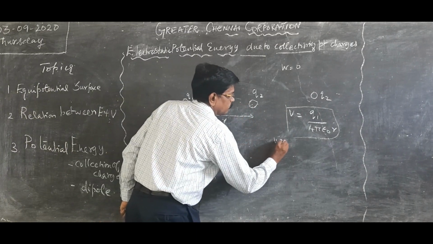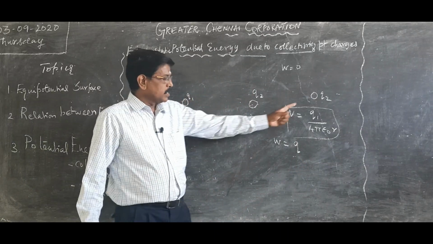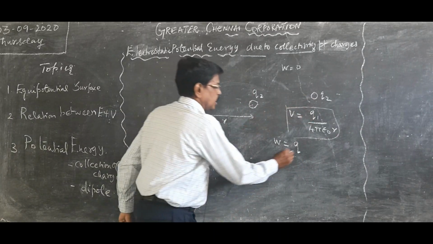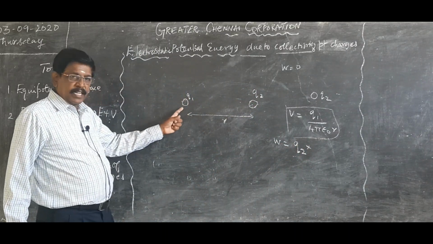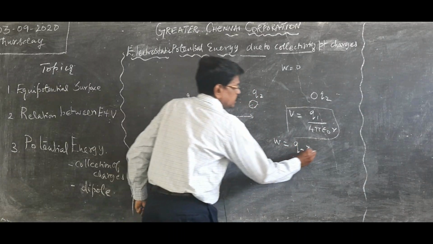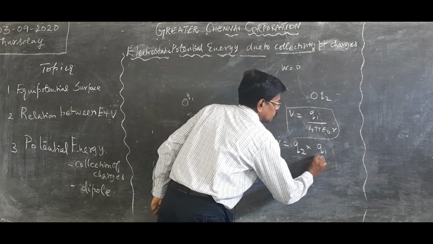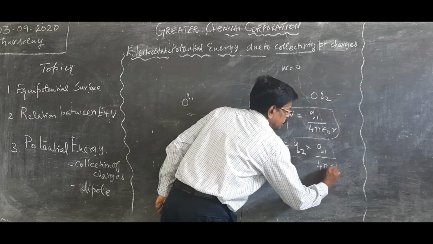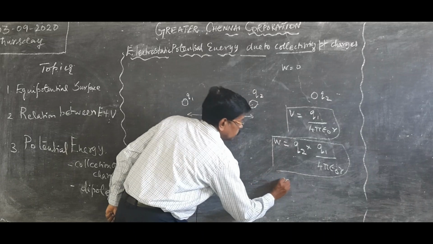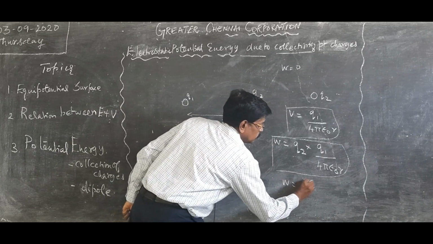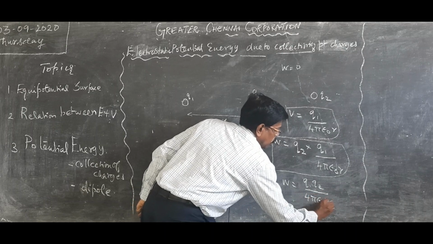What is the formula for work done? Work done is the charge you are bringing, Q2, times the potential created by the first charge, Q1 by 4 pi epsilon 0 R. So W equals Q1 Q2 by 4 pi epsilon 0 R.